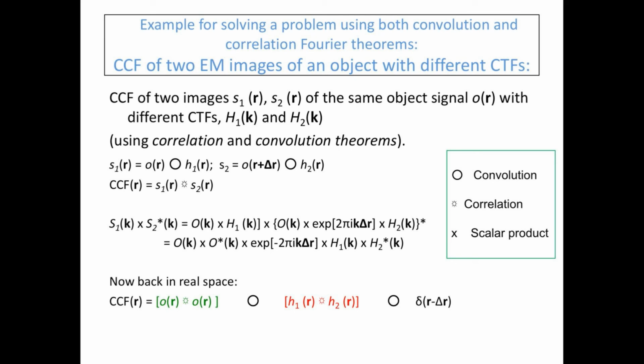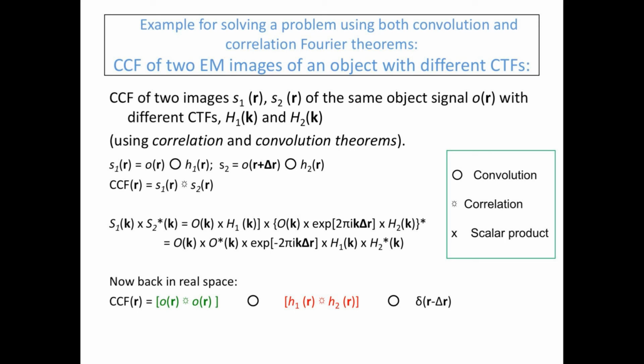It tells us that if we want to look for an object in a noisy environment, and we know the CTF, we should really apply the same CTF to our reference, because then we optimize this here, and we get a very nice and sharp peak.